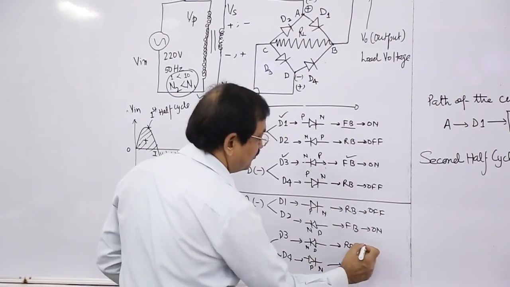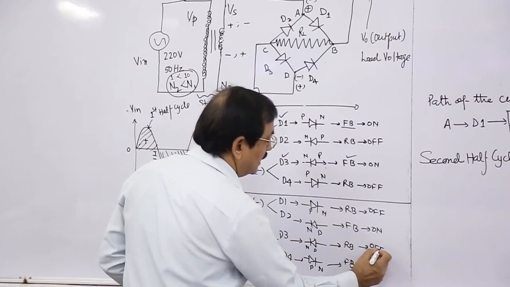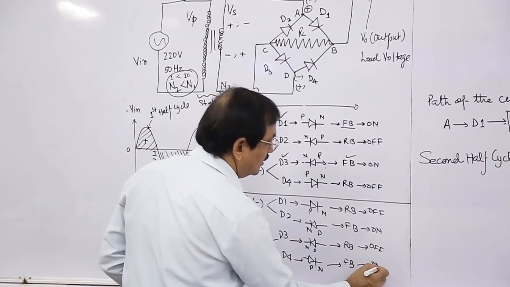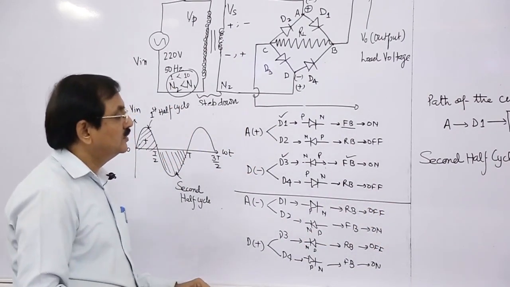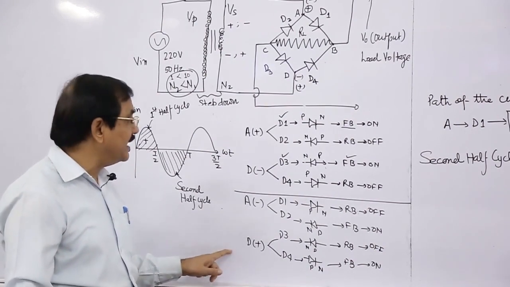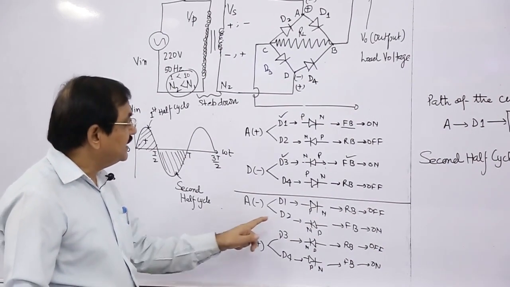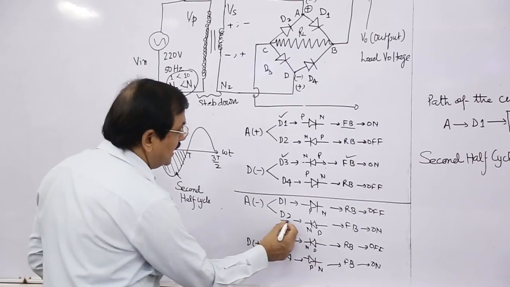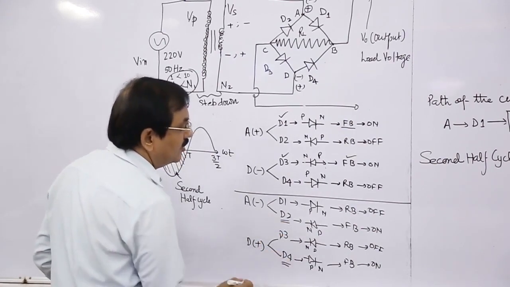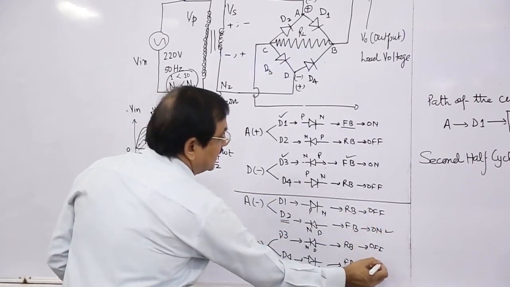This is off and this is on. So in this second half cycle, D2 and D4 are forward bias and on in the circuit.